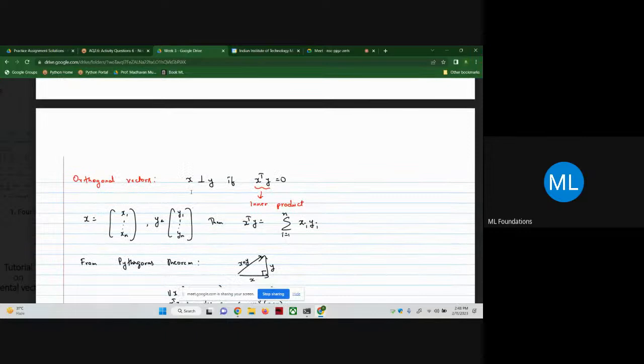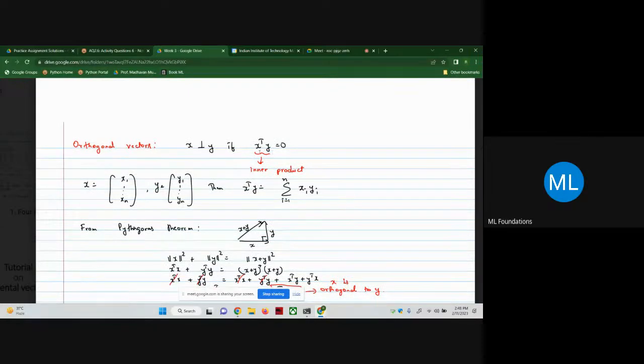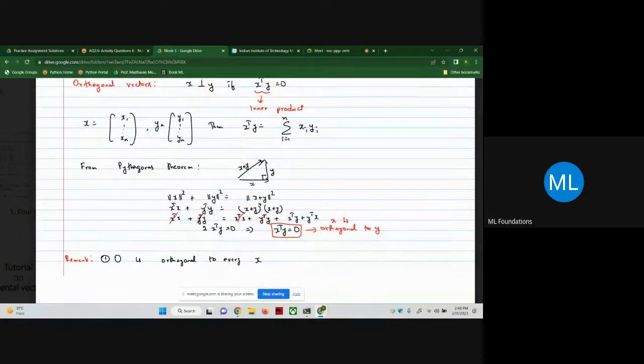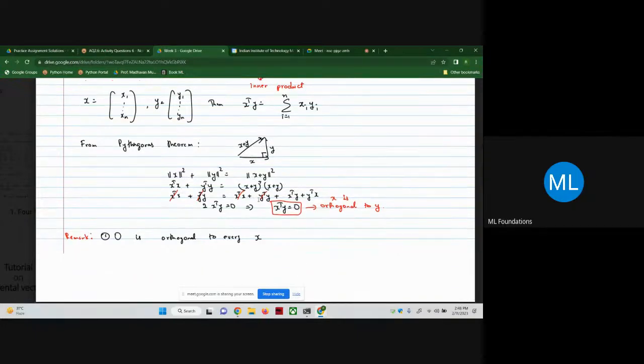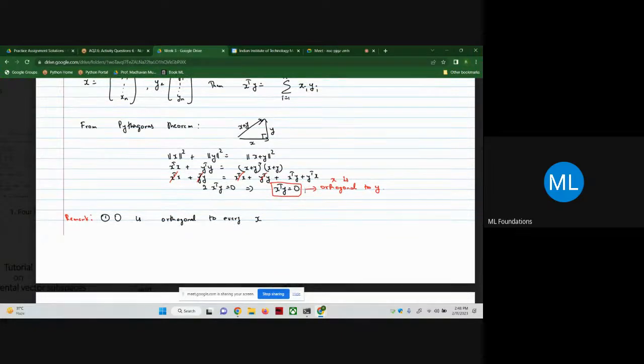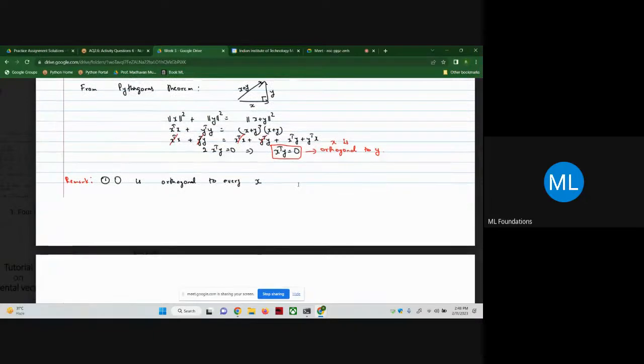Two vectors are said to be orthogonal if their dot product is 0. The dot product and the inner product are the same. The proof is given by the Pythagoras theorem. We know that the length of the hypotenuse, the length of x plus y, squared, should be equal to mod x plus mod y whole square. They check that and then prove that x transpose y equals 0. So if two vectors x and y are orthogonal to each other, then x transpose y will be equal to 0.